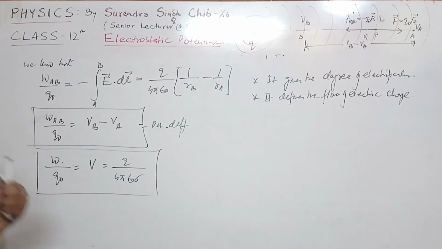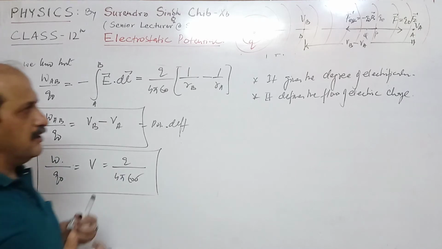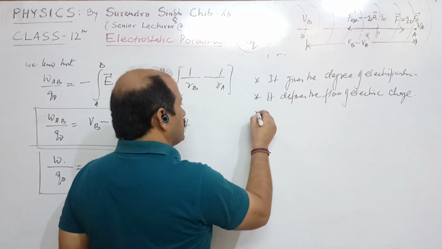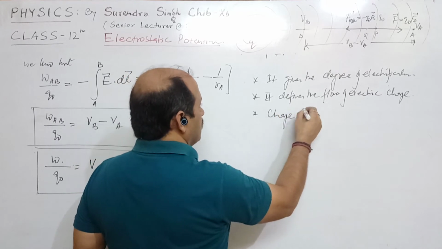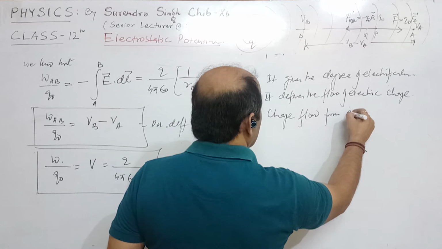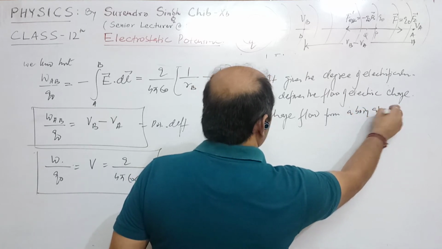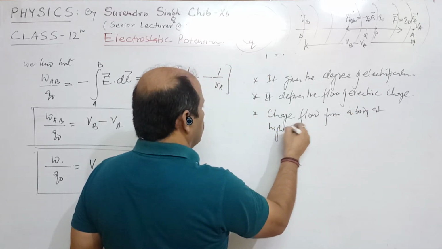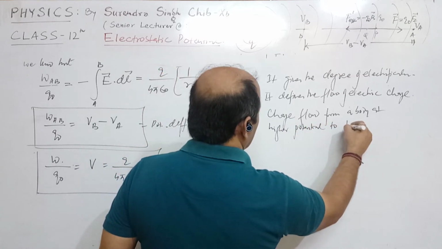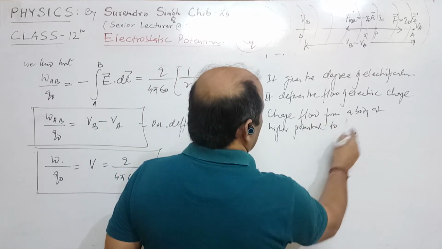Higher is the degree of electrification, it means it is at higher potential. It defines the flow of electric charge, and charge flows from a body at higher potential to a body at lower potential.